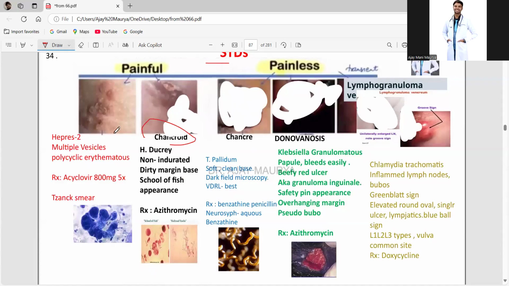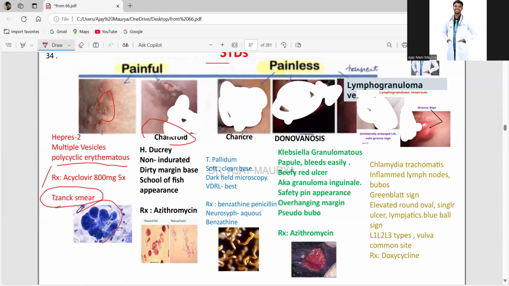Herpes vesicle, I think everyone knows it is painful. It is herpes 2. There are multiple vesicles, polycyclic erythematous, and you have to give acyclovir 800 milligrams 5 times per day. Now this is the Tzanck smear.